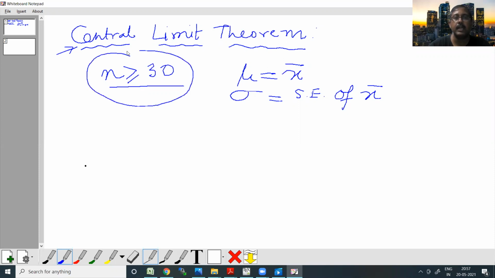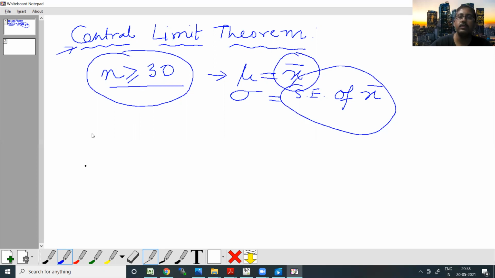We have already seen that if we draw a random sample of considerable size, mentioned as greater than or equal to 30, then the sampling distribution of the sample mean follows a normal distribution with the value of mean equal to x bar, and the value of the standard deviation equal to the standard error of x bar. Okay, so this is what the central limit theorem states.